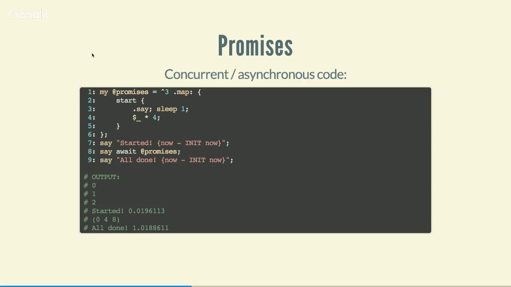Because it's the last one in that block, it will be returned on line number 8 to the await keyword. This way you can concurrently perform an operation and return some sort of result from it. And from the output, you can see all 3 promises completed in just 1 second, even though they slept for 1 second each.